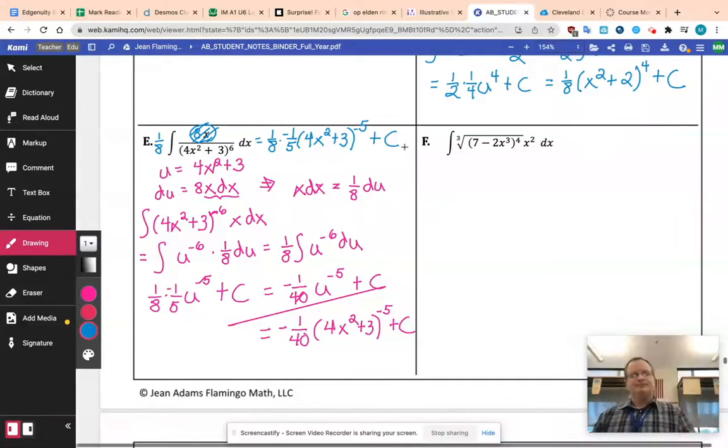Done. Well, we could write it out. Final answer: negative 1/40th times 4x squared plus 3 to the negative 5. And you're like, what's up with the 4x squared plus 3? Well, we just made sure that the chain rule happened. We made sure of it.